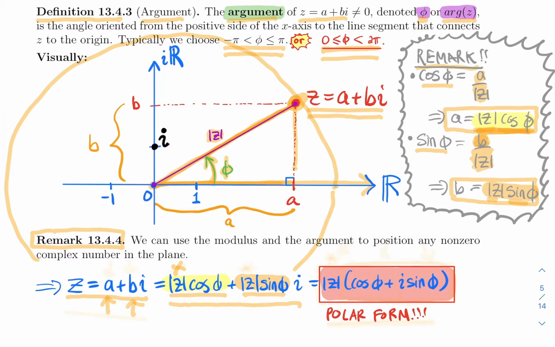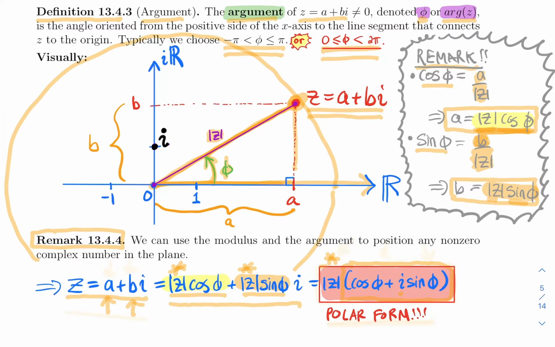You can see here that the absolute value appears in both terms, so you can factor out the absolute value of z and put it up front, leaving behind cos phi and sine phi. Just to make it nicer, we put the i before the sine, because it's easier to read.